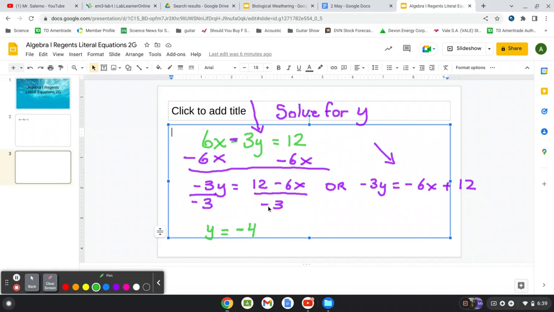And we have a negative and a negative here, so we're going to have a positive 2x, right? Now, or, here's the or. We could have also, if we did this way and we minus 3 on both sides, we're going to have y. And now we have a 3, negative 3 here, so that's going to give us our 2x minus 4. So either way, it's the same answer, right?